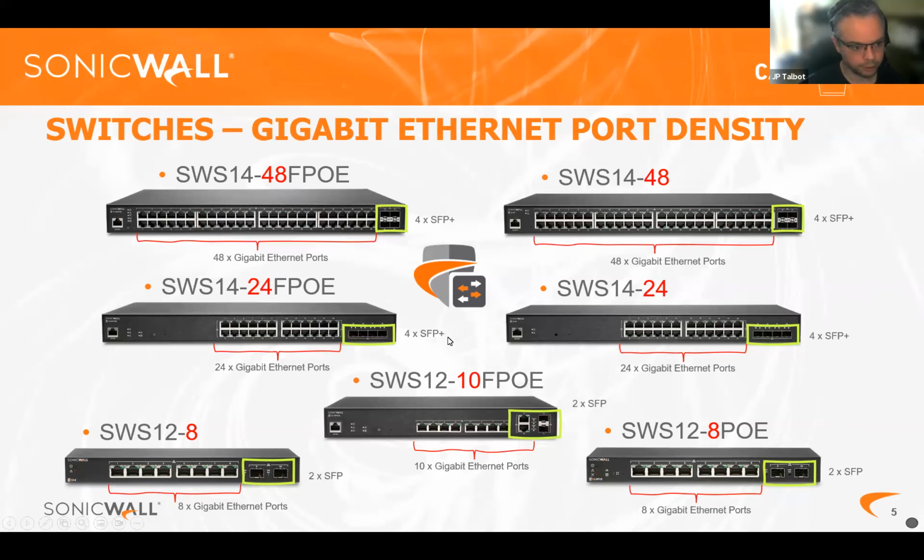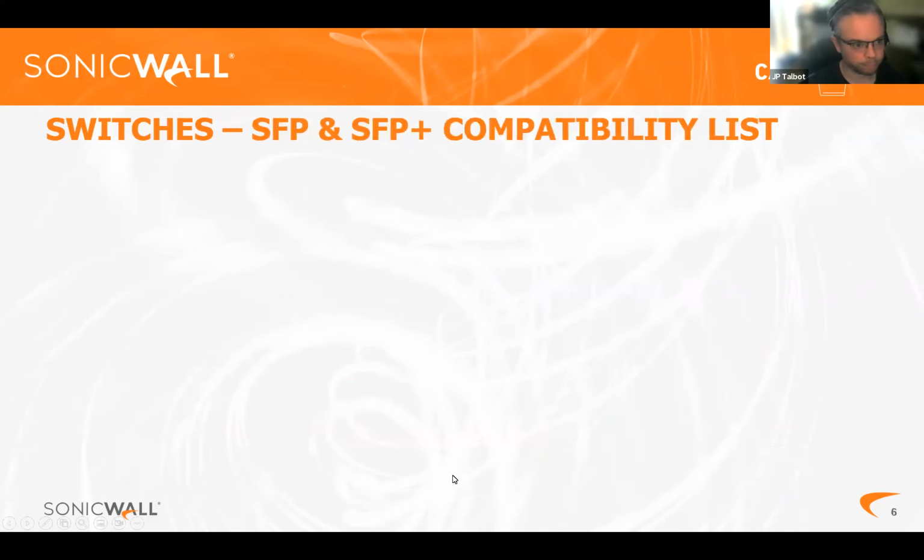See here, those are SFP+ on the 24 and 48 port. SFP+ means 10 gigabit uplink through those SFPs. And here it's no SFP+, just SFP, so it's a 1 gig uplink through an SFP, which could be either fiber or RJ45 if you want as well. So of course, the 48, 24, 10, and 8-port switches here.